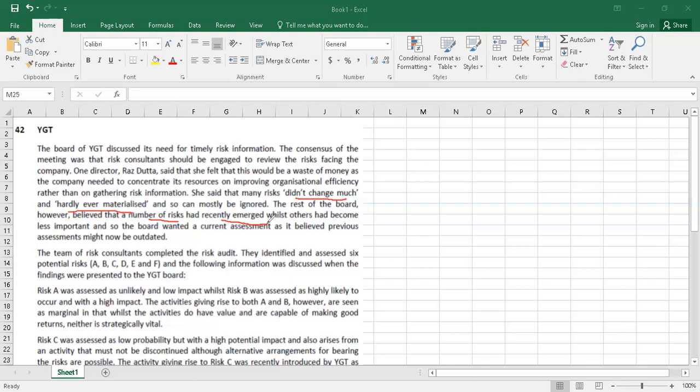So we have to criticize Raj Datta's statements stating that the risks that are present, most of them did not materialize, and the external environment did not change. But the other board members say that new risks have emerged. So when there are new risks that have emerged, these risks have to be taken into account. She cannot always depend on the risk register.